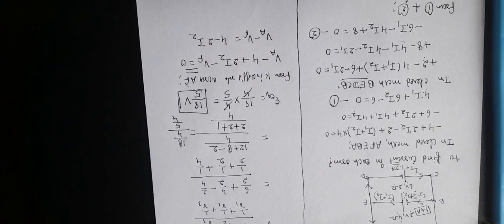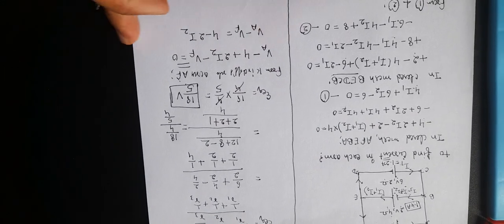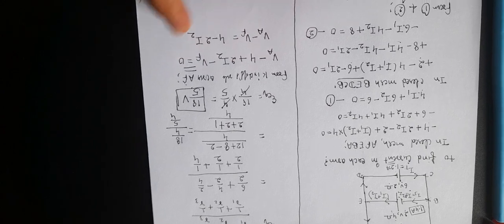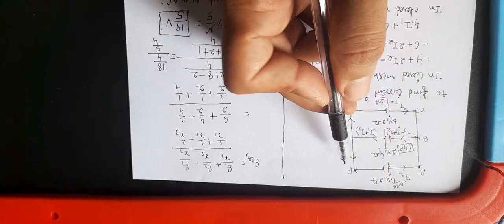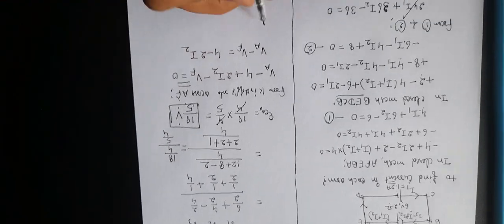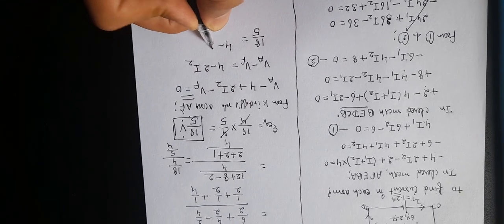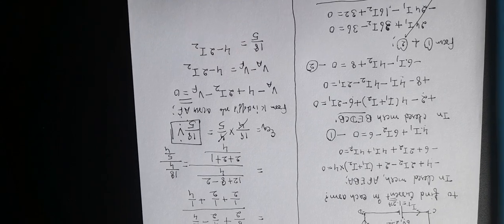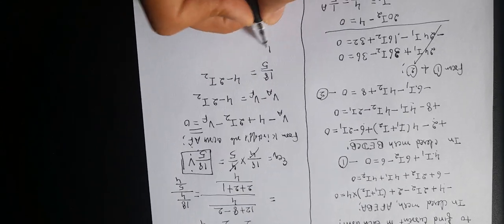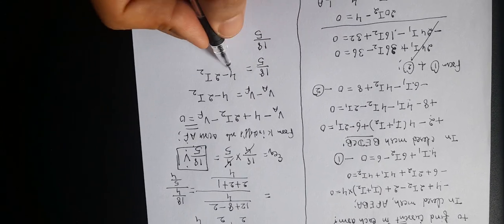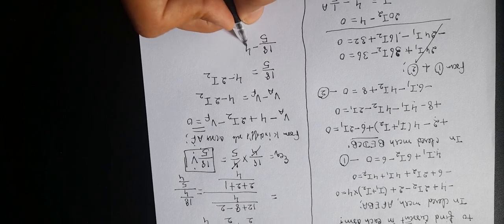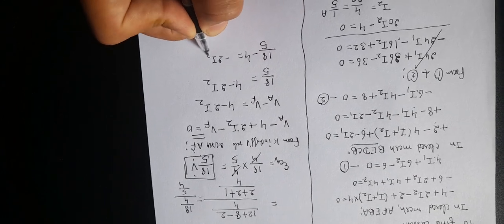We are talking about this one. Here minus 4 plus 4. So VA minus VF. What is the potential across AF? That is 18 upon 5. So here is 18 upon 5, which is equal to 4 minus 2I2. So 18 upon 5, here is plus 4, here turns out to be minus 4, equal to minus 2I2.